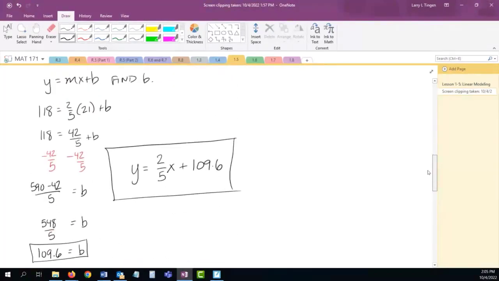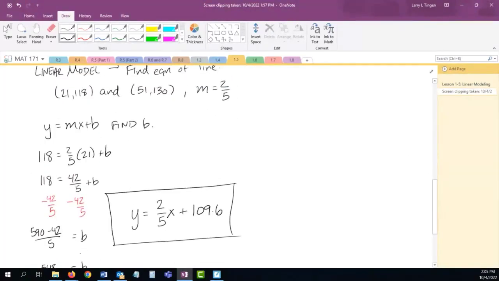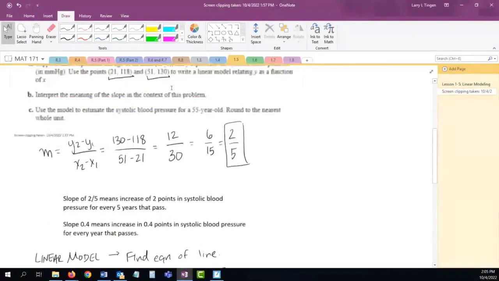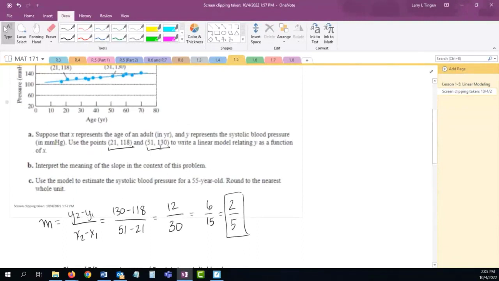All right. Again, the fraction. So that's a great question, Andrew. Wouldn't you leave this as a fraction? Typically you would, but the problem has points where the y value is an integer, and the problem tells us, because I read ahead a little bit, use the model to estimate, round to the nearest whole unit.